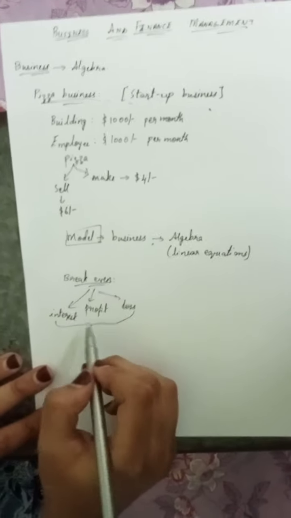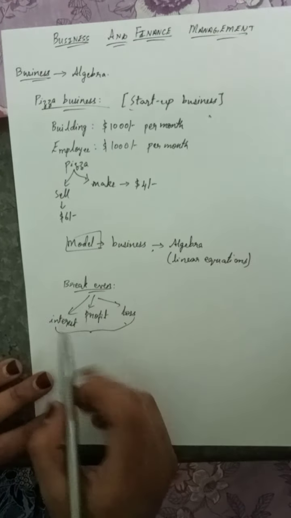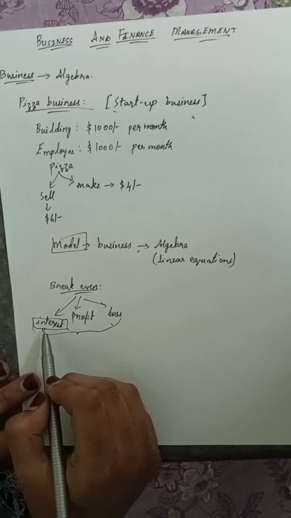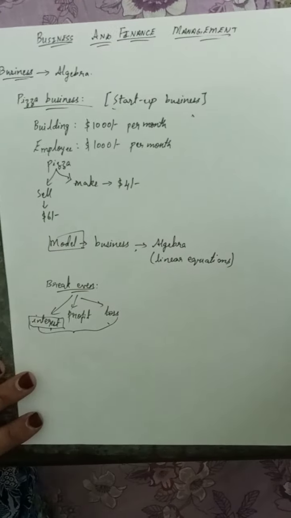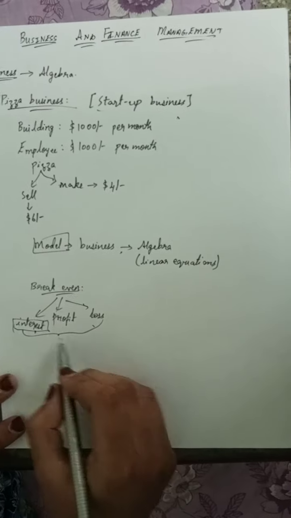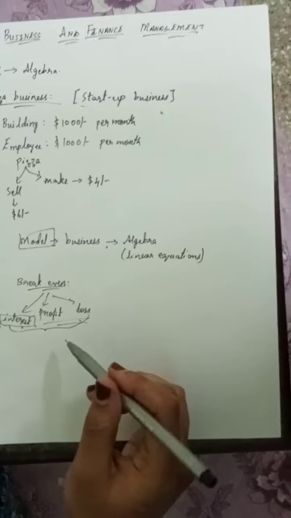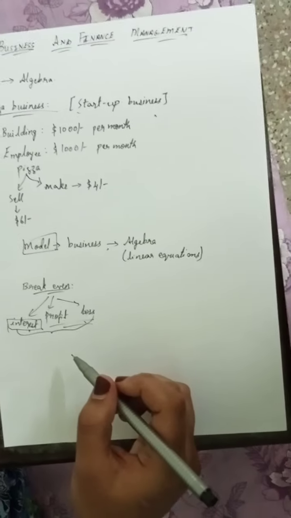Now it can either be in loss or in profit. That will be secondary, but when it comes to interest, that will be in your hand, how much you will pay. Now I'll be speaking about interest in the finance part. So now let us see the profit and loss part of the business and how we'll be dealing with it using the algebra part.